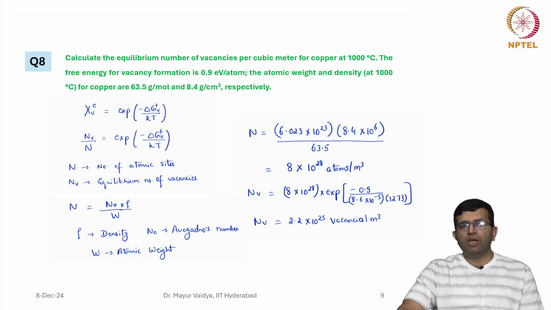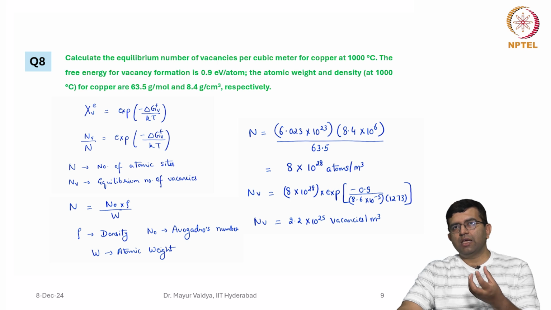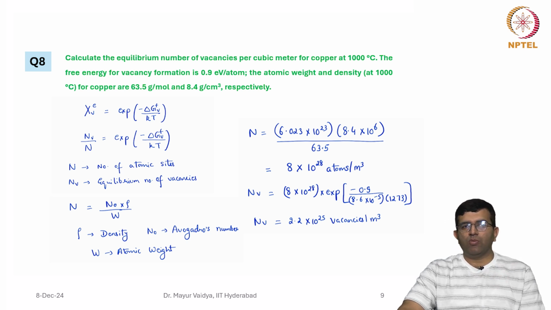This will give me the number of atoms in the given volume, per cubic meter. I have to calculate the number of vacancies per cubic meter, that's why I am estimating the number of atomic sites per unit volume, which is N0 into rho by W. Here rho is density, N0 is Avogadro's number, W is atomic weight.